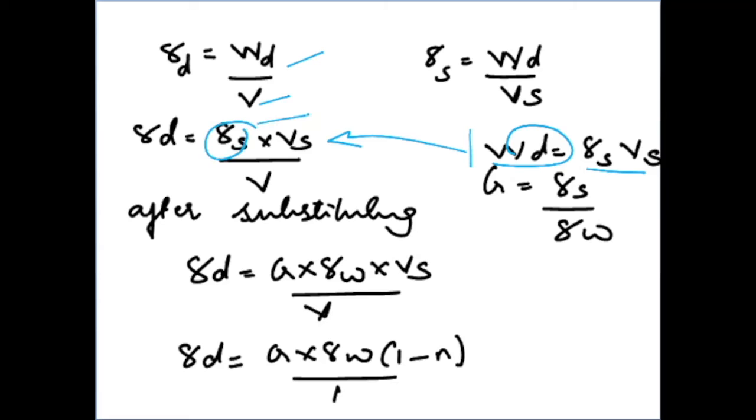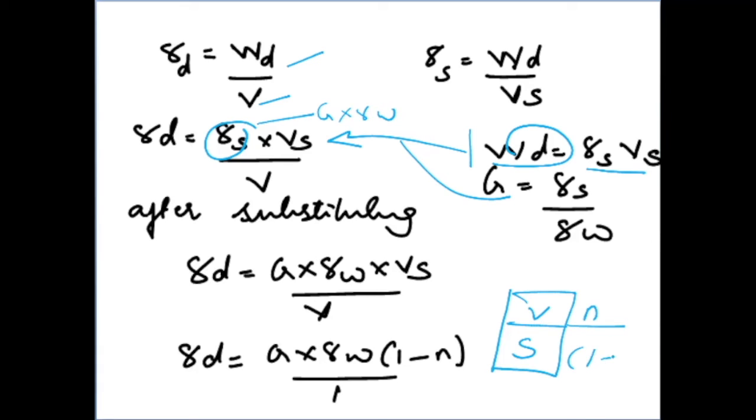What is gamma s? Gamma s is nothing but G into gamma w. Okay, so G into gamma w into Vs divided by V. From the figure which I had already drawn, we have the voids, we have the solids, this is n and this is 1 minus n. The total volume is 1. How it came I have already shown.